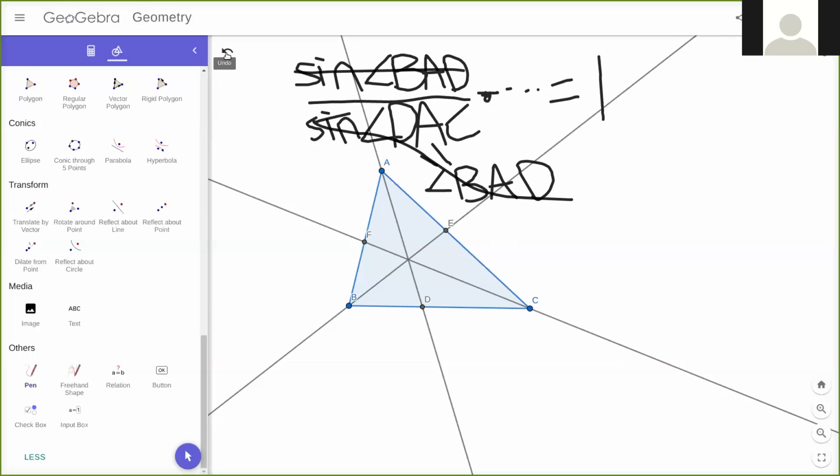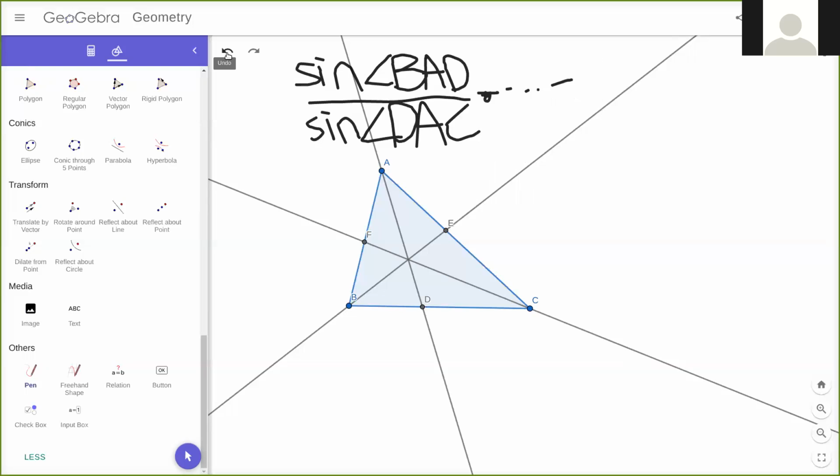A lot easier than using the length form of Ceva's theorem and then having to prove the angle bisector theorem separately. Although some of you might prefer not using trig, which is totally cool. Sometimes you just want to see the pure lengths and areas way of doing things.